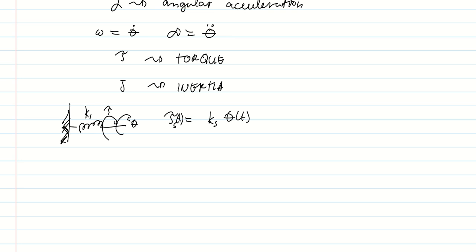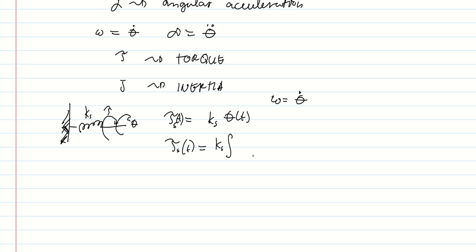But if my output is angular velocity instead of angular displacement, then the torque due to the spring will be equal to, because omega, the angular velocity, is equal to theta dot, if you take the integral of that, you get theta.